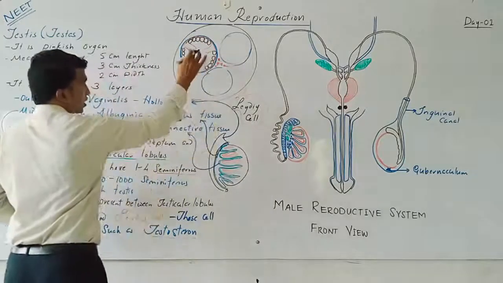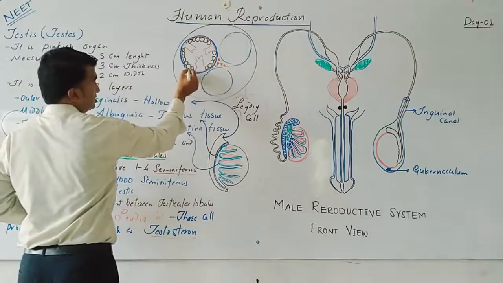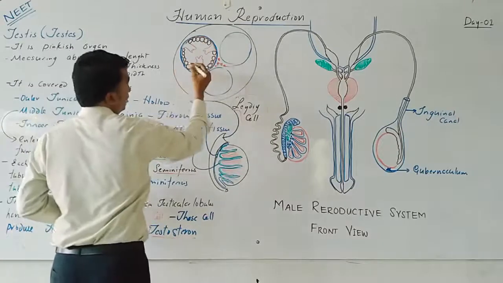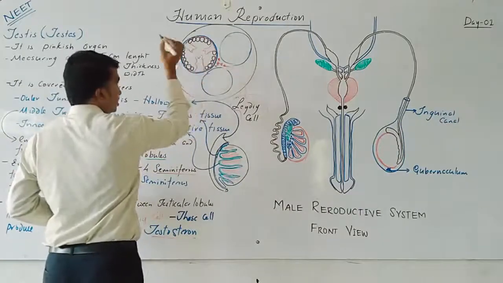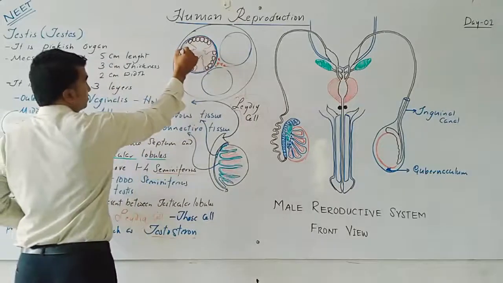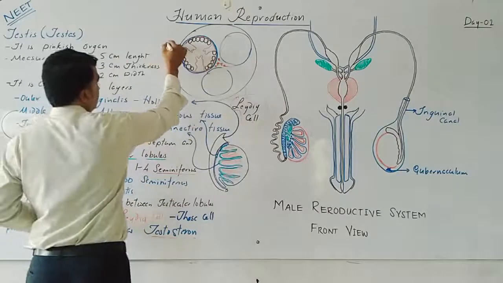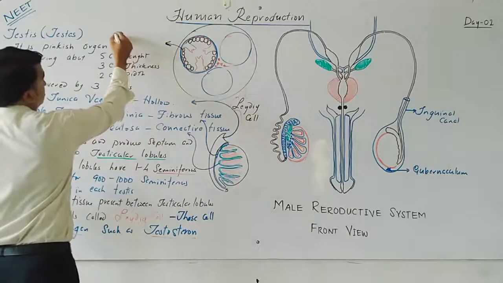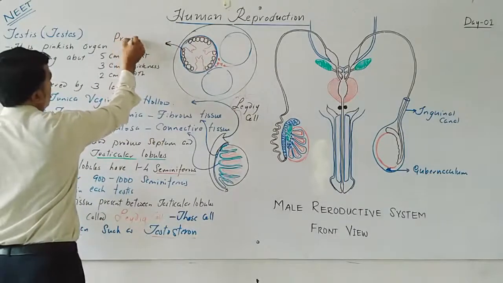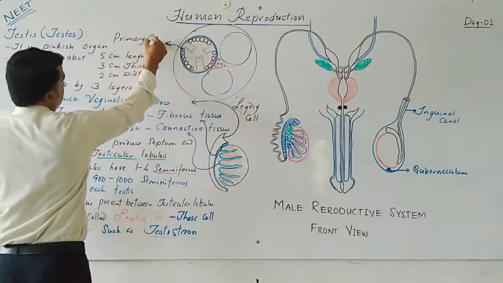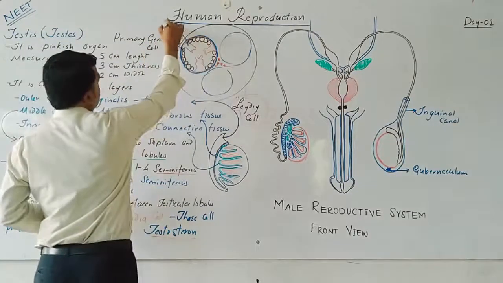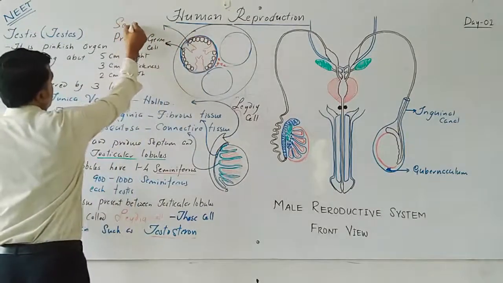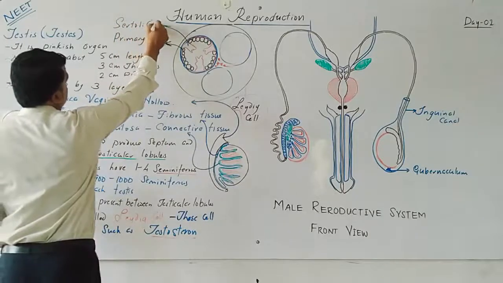So this is one seminiferous tubule. Inside, it is covered by the lamina propria, and inside is the germinal epithelium. Germinal epithelium is made up of two types of cells. This black color cell is called a primary germ cell, and this red color cell is called a Sertoli cell.